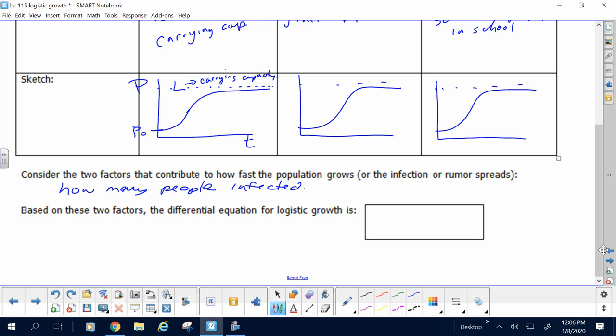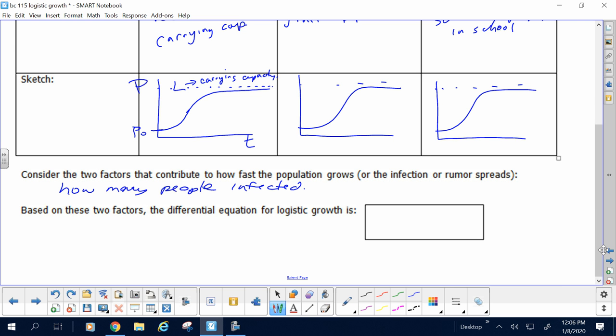Okay? Now, say I take that same case, let's tweak it a little here. Say over there are 100 people infected, and here there are 100 people infected. But over there are only 101 people in the school. And here there are 1,000 people in the school. Which one will grow faster?